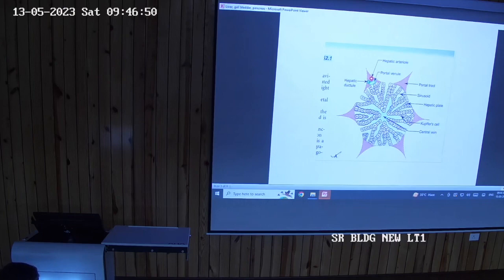Now I am coming to another point. On each side of the hepatic cord there is a space. These spaces are called hepatic sinusoids. In the hepatic sinusoids there are cells called Kupffer cells, or however you like to pronounce it.